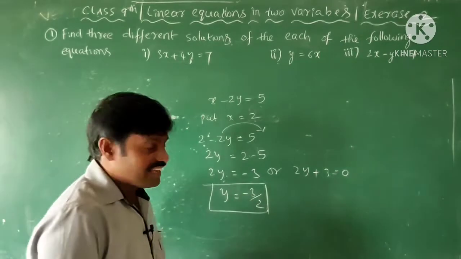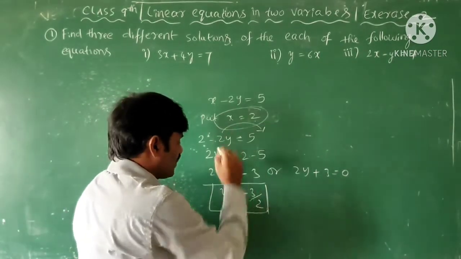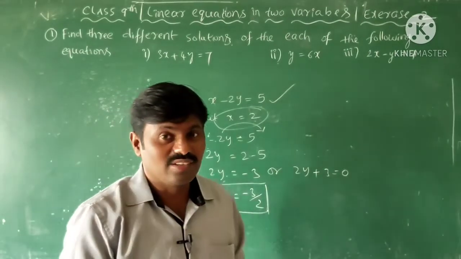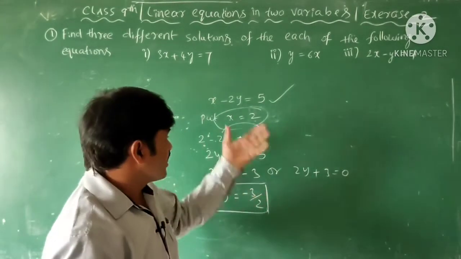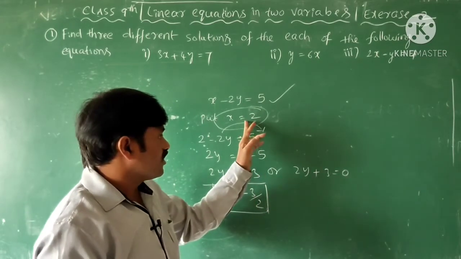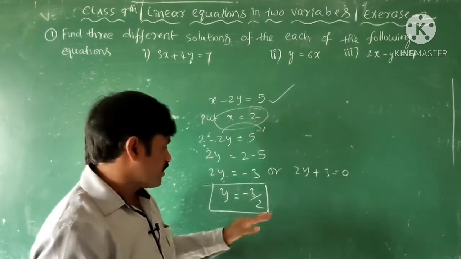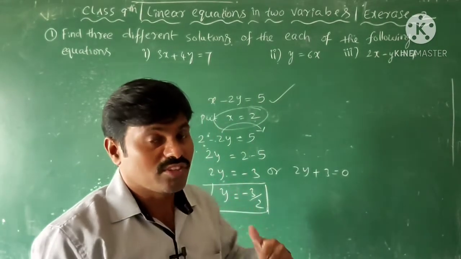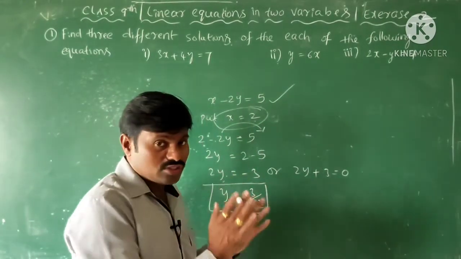That means for x is equal to 2 and y is equal to minus 3 by 2, this equation is getting satisfied. So it is not only the value of x equal to 2 that is satisfying, but also minus 3 by 2 for y.